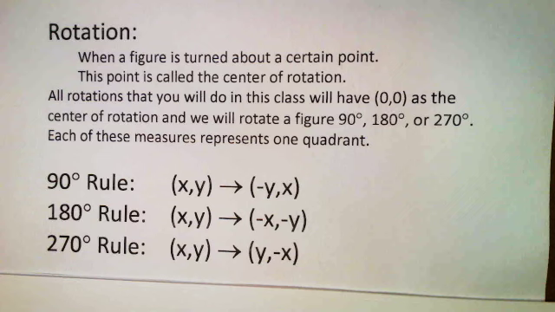Meaning if it was a positive 1, it would change to a negative 1. If it's a positive 9, it will change into a negative 9. The 270-degree rule is if I take that point and rotate it 270 degrees, the X and Y positions will switch, and then I will write down the opposite of the X.